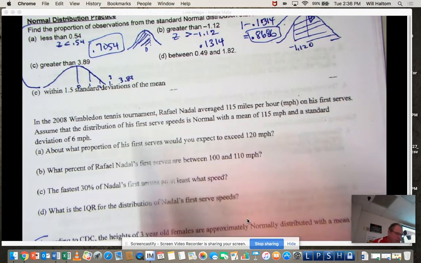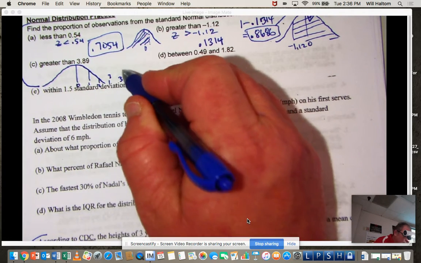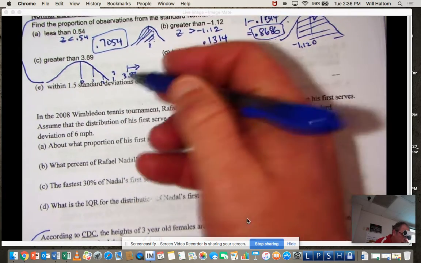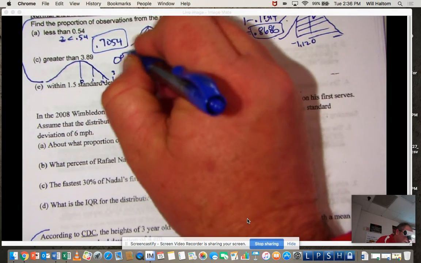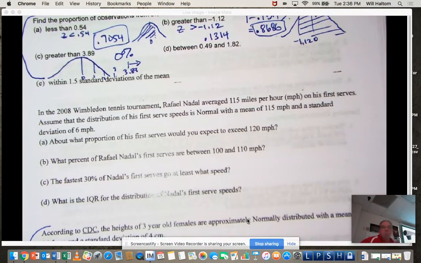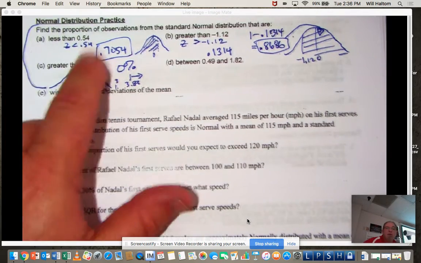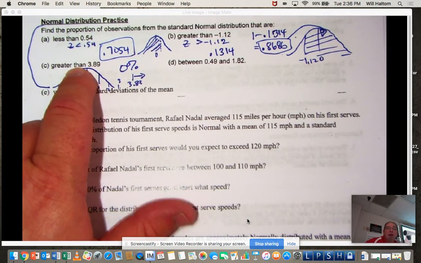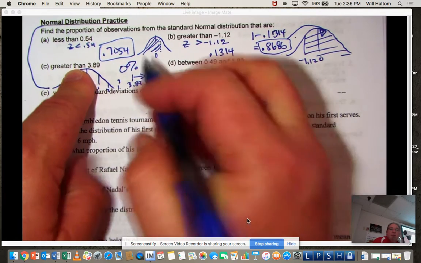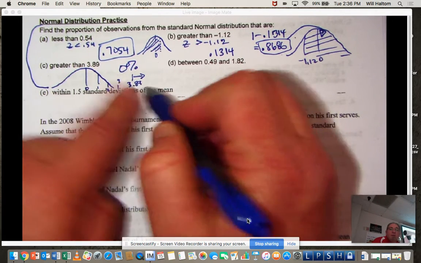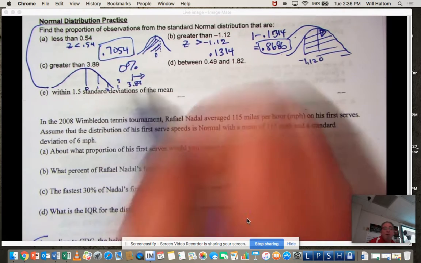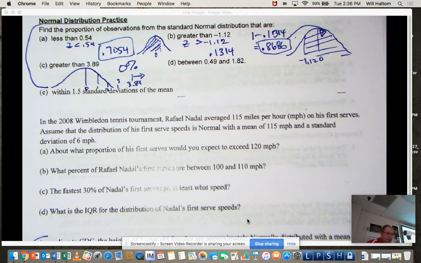Well, what's the probability that it would be more than 3.89? In this case, it's just 0. Won't happen. And if that question had been less than 3.89, then it would have been 100%, right? Less than that is all the graph. Greater than that is none of the graph.